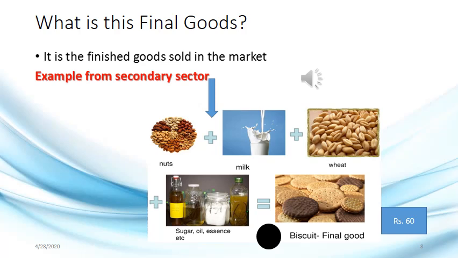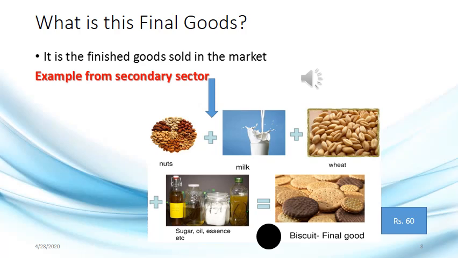That is the final value. We will not take the value of nuts or milk or wheat or sugar. Why? Because the final value already includes the value of all these inputs or raw materials. So this is one example to tell you what final goods or final value is all about.